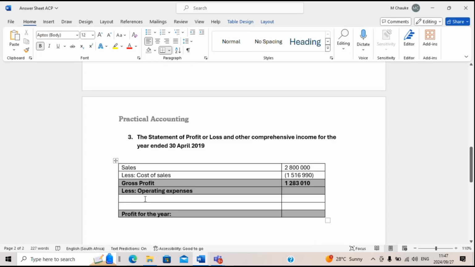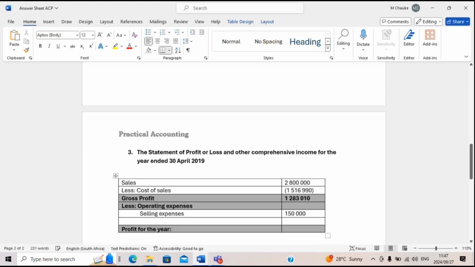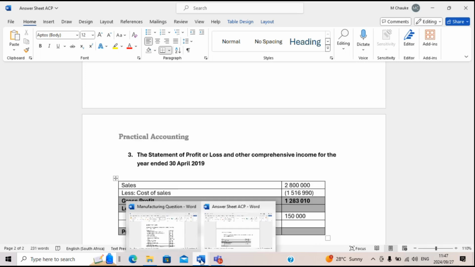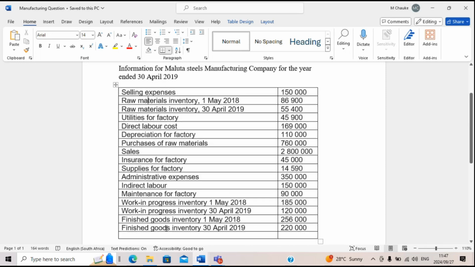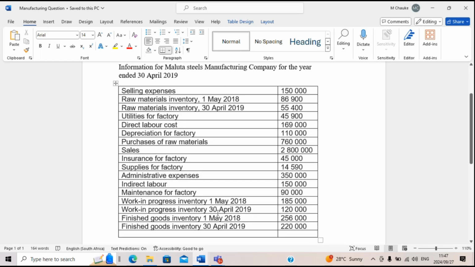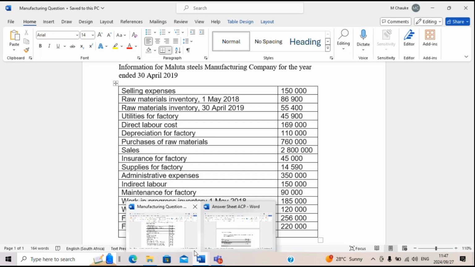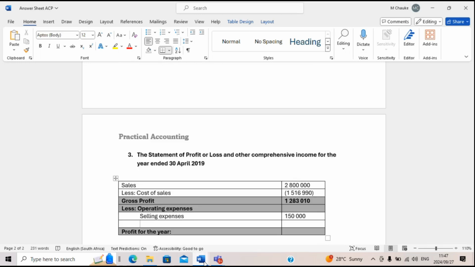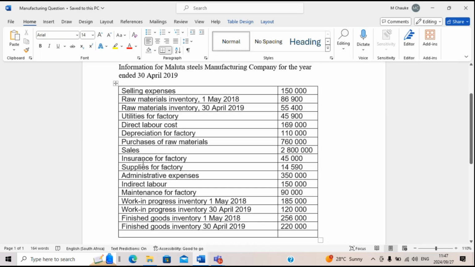So I'm going to say selling expenses 150,000. And then we have another one there. I think we only have 2, which is administrative expenses, right? Administrative expenses is 350,000. If you check there in the question, it's equal to 350,000 right there. Okay.